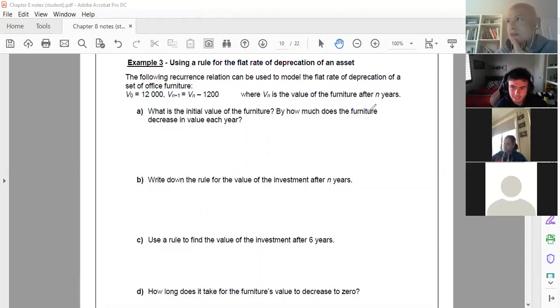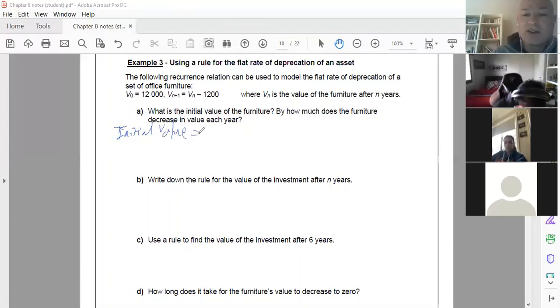Okay, everyone, you've got 5 seconds to write that down. 5, 4, 3, 2, 1. Okay, what is that initial value? Come on, what's the initial value? $12,000, right there, 12,000.